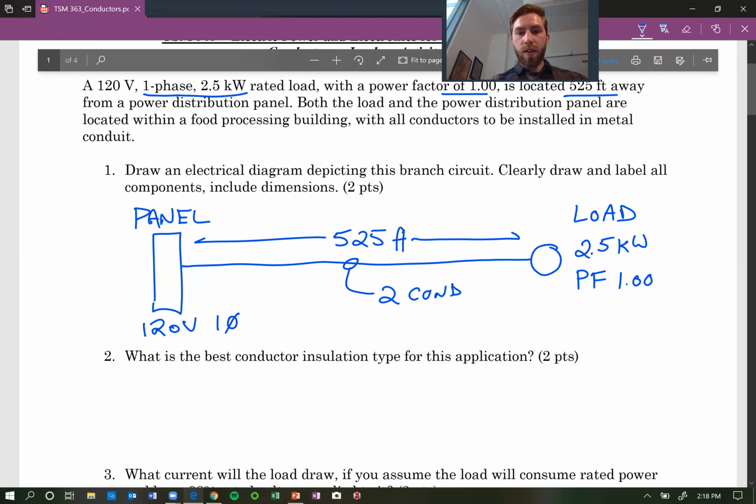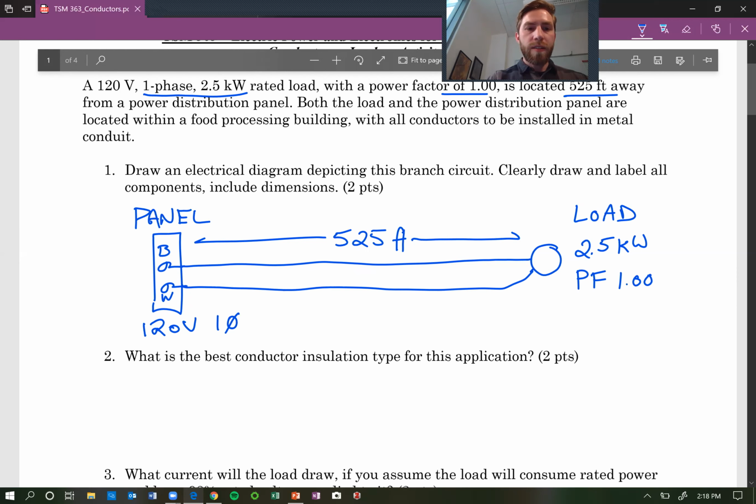The other way I could draw this, maybe a little more in line with what we drew at the beginning of the semester, would go to my black and white.